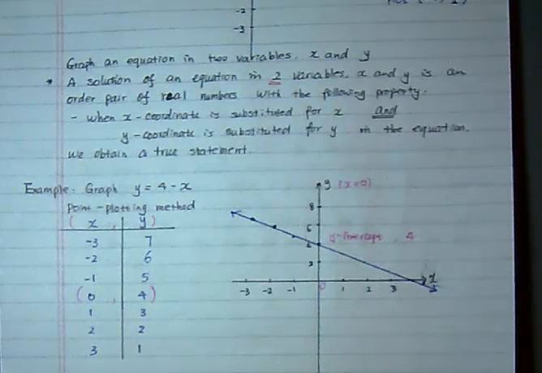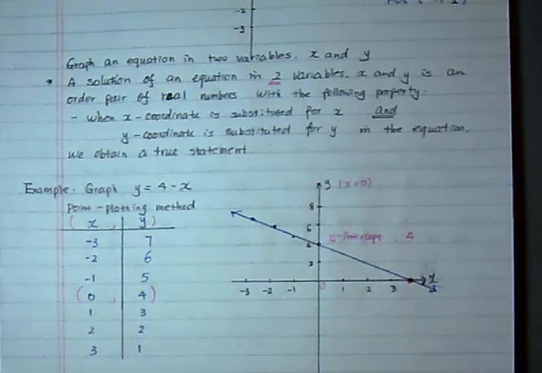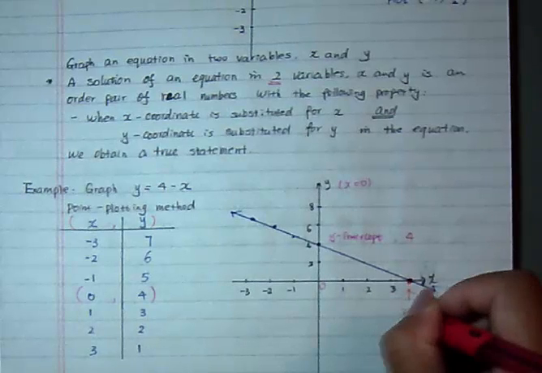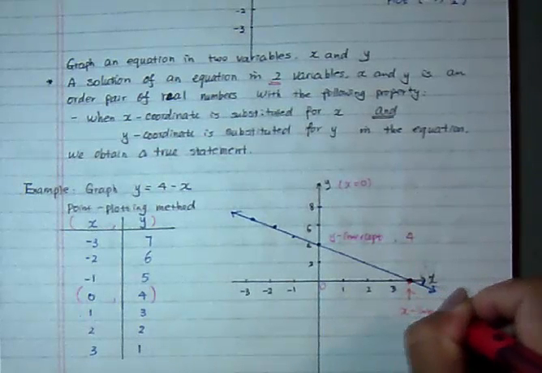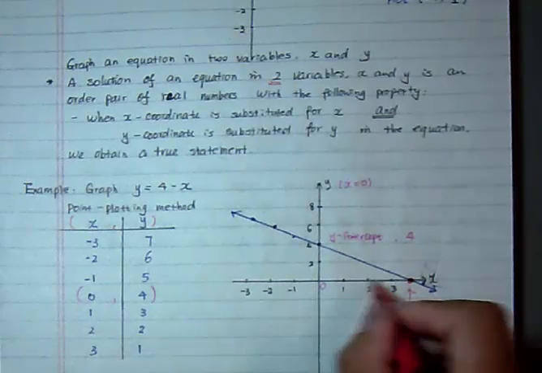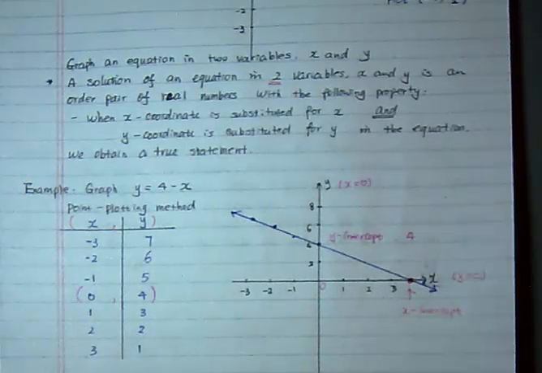Another point I want to point out is this one. Using a similar idea, this is the x-intercept, because it's intersecting at the x-axis. On the x-axis, all the y values must be equal to 0, so sometimes the x-axis can be represented by the equation y equals 0.